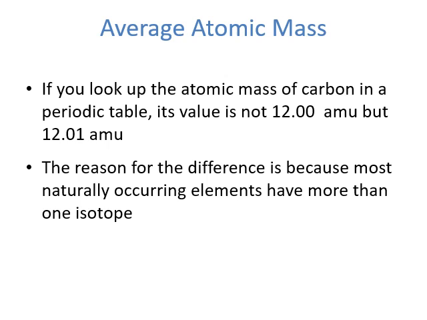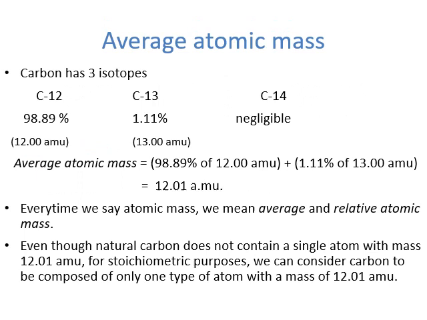The value is not always 12, but it's always like 12.01 AMU for the atomic mass of carbon. The reason is because it has more than one isotope. Let's say carbon has 3 isotopes: carbon 12, carbon 13, and also carbon 14. But carbon 14 is normally negligible because the number is really small.